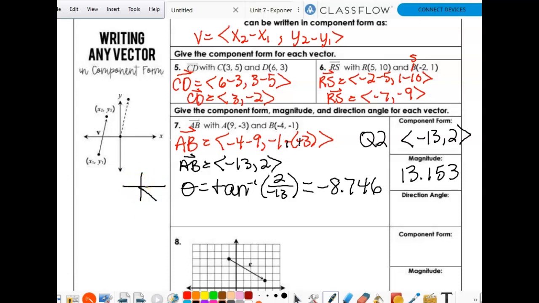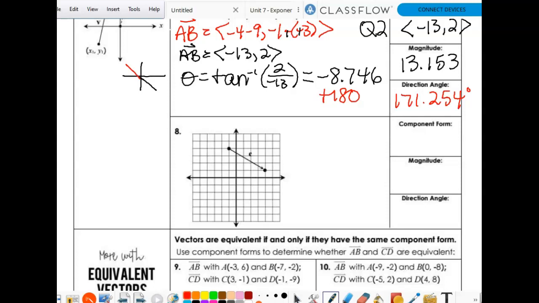Where do I want to be? So what do I add? I add 180, and that ended me at 171.254.